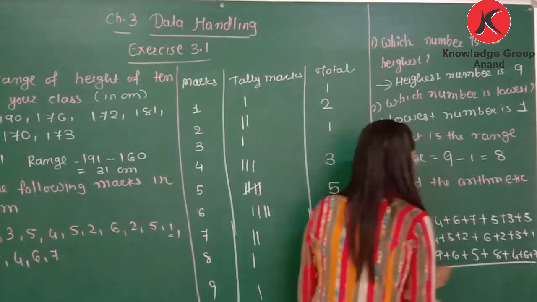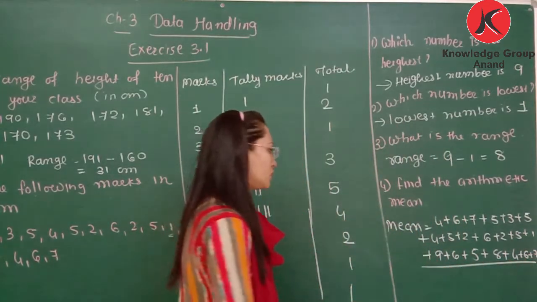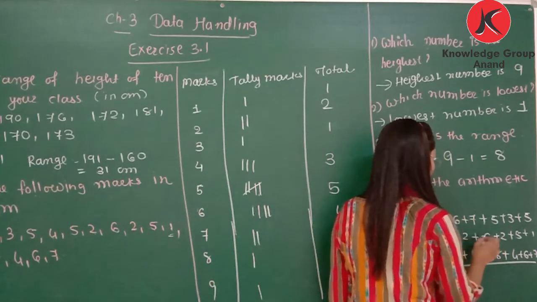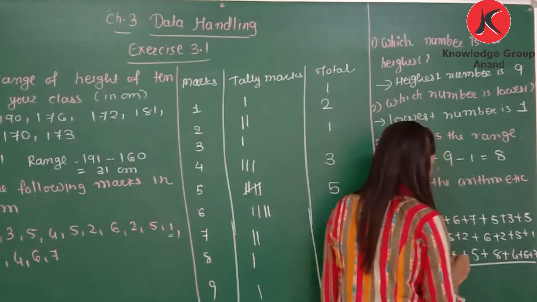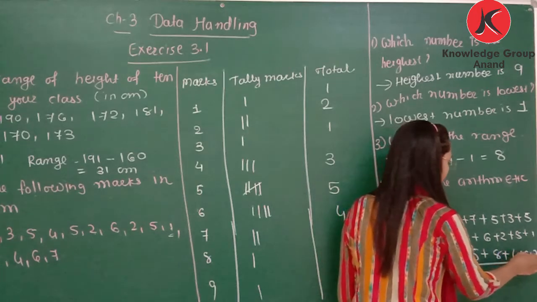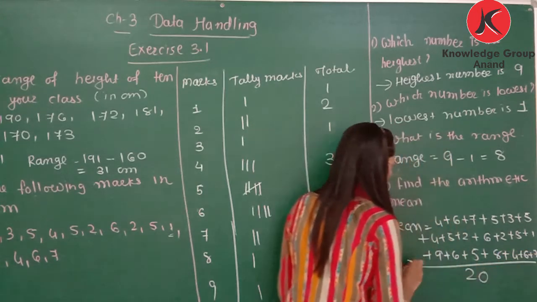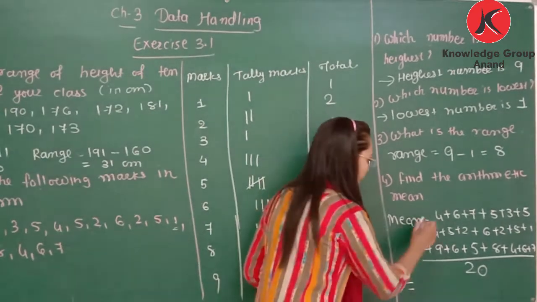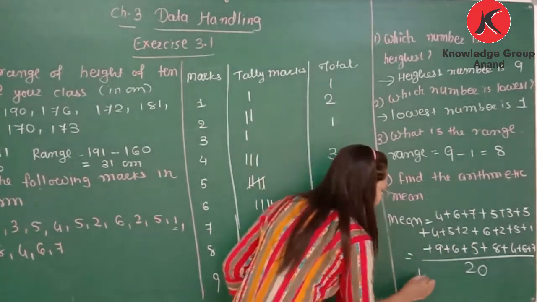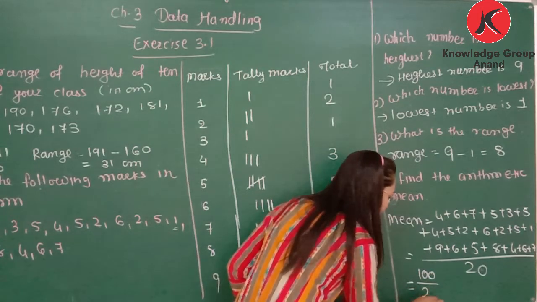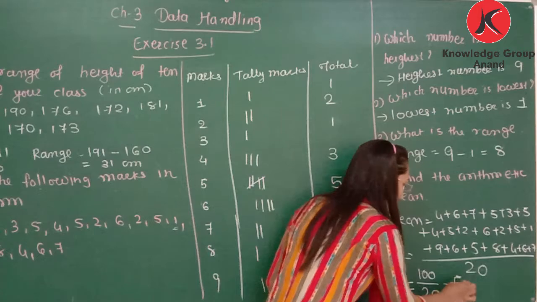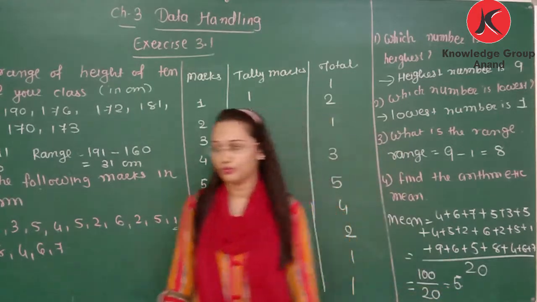Now how many total numbers are there? We count: 1, 2, 3, up to 20. It is divided by 20. If we add these numbers, we get 100. Divide 100 by 20, we get 5. This mean is 5.